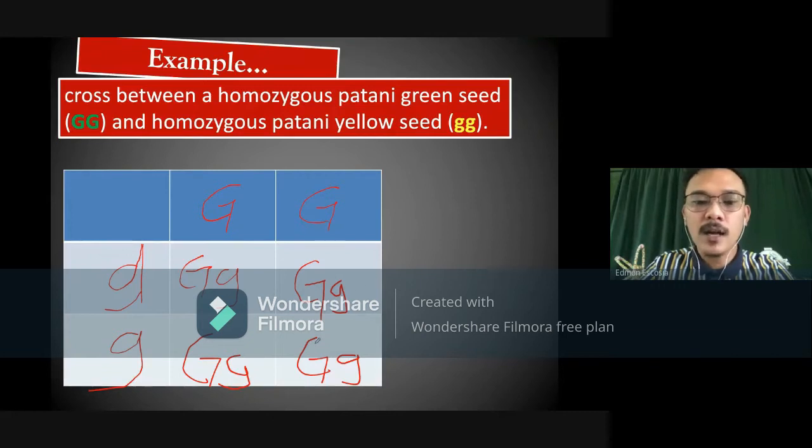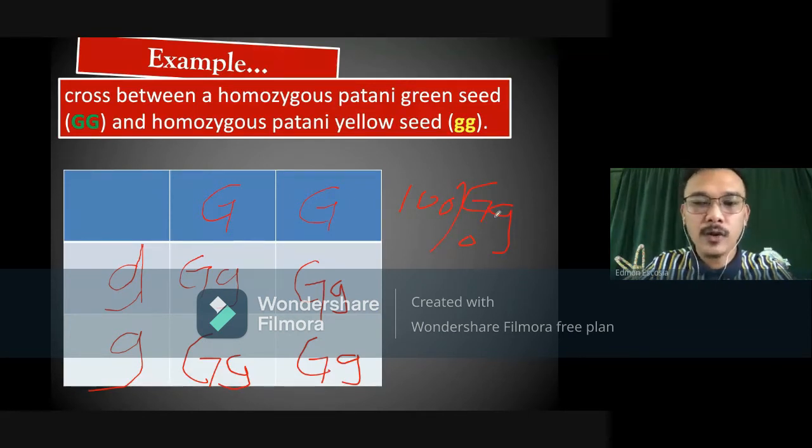Each box represents percentages. So since all have the same genotype, we can infer that the genotype is capital G, small g, and since this is 4 out of 4, therefore, in terms of percentages, the genotype is 100% capital G, small g.